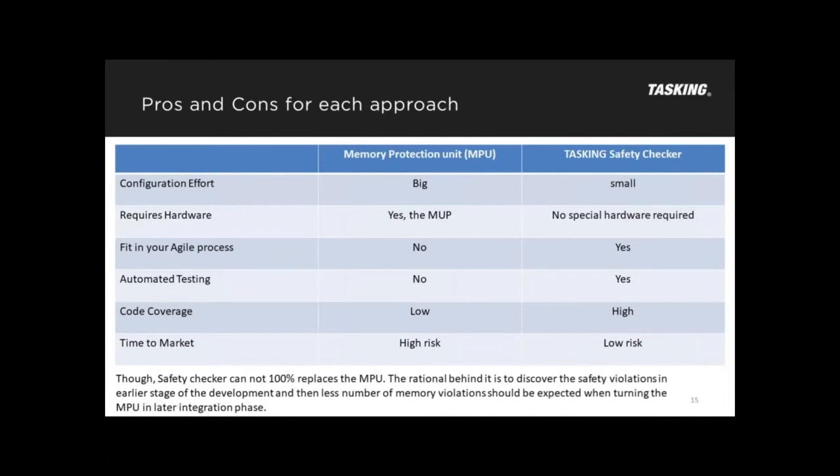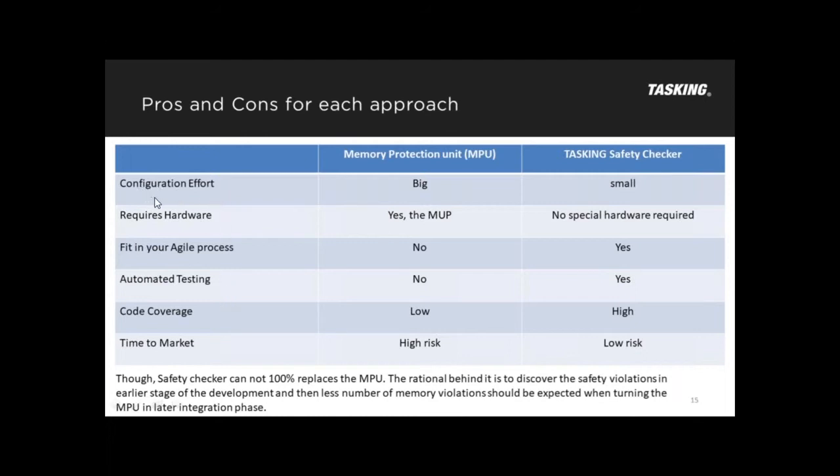So basically inside this presentation, we see two solutions for the freedom from interference concept. We see the memory protection unit as a solution, and we see the safety checker. And here you could check what the pros and cons are for every solution.